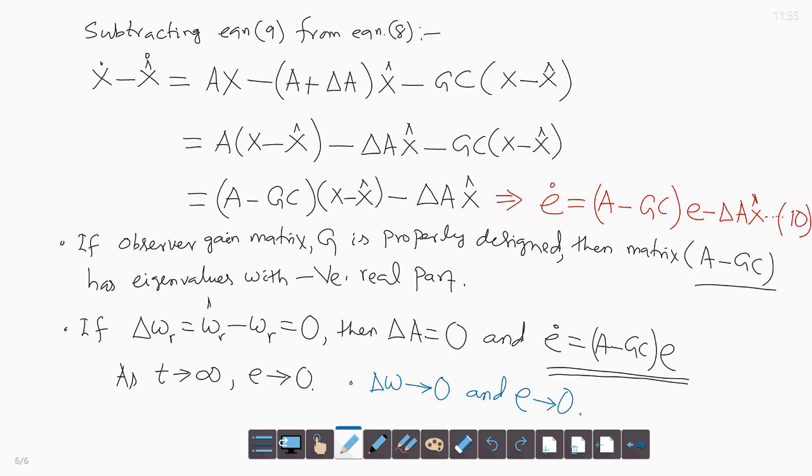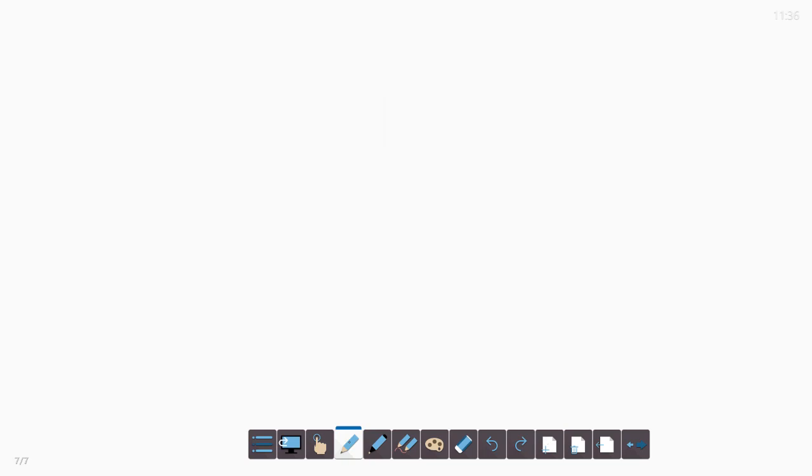We design the observer to jointly estimate the 4 states and the speed omega r. So this is to be ensured, this is the target of the observer. For that we can use a control algorithm also, so that the speed estimation error decays to 0. Now this is the observer theory.